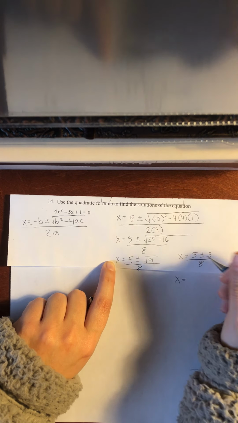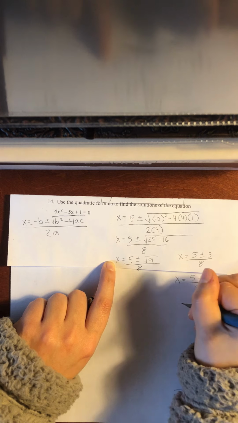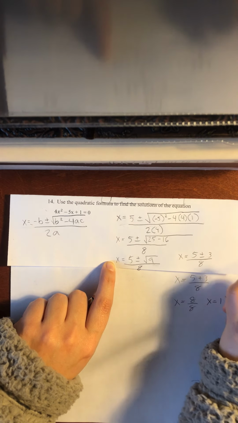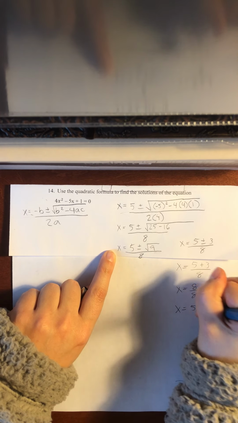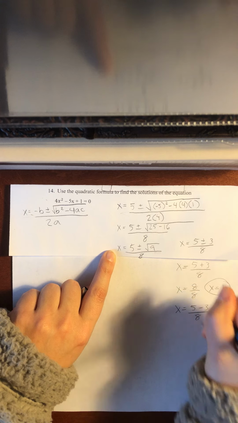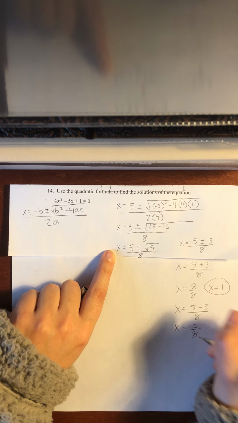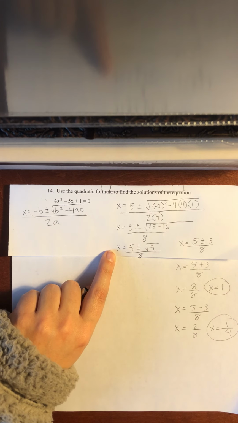So x equals 5 plus 3 over 8, so x equals 8 over 8, which is 1. Then your other solution, x equals 5 minus 3 over 8, so x equals 2 over 8, so x equals 1/4 if you reduce that. Okay, so those are your two solutions.